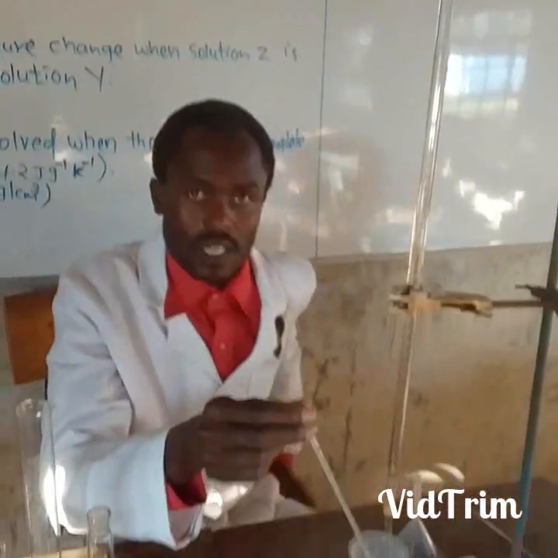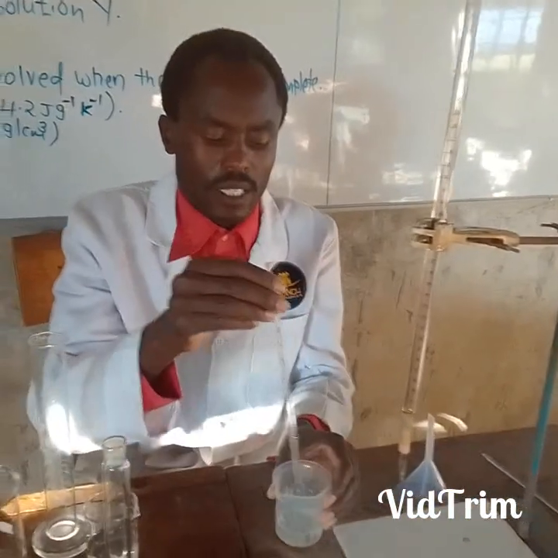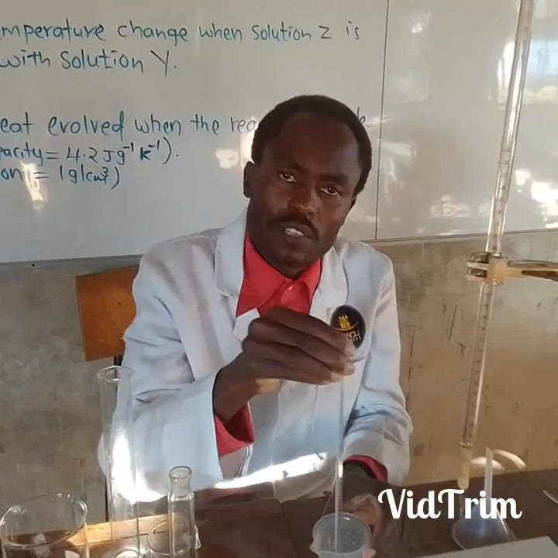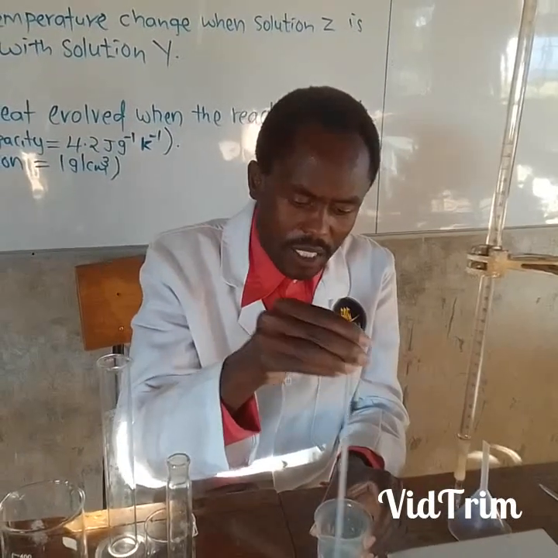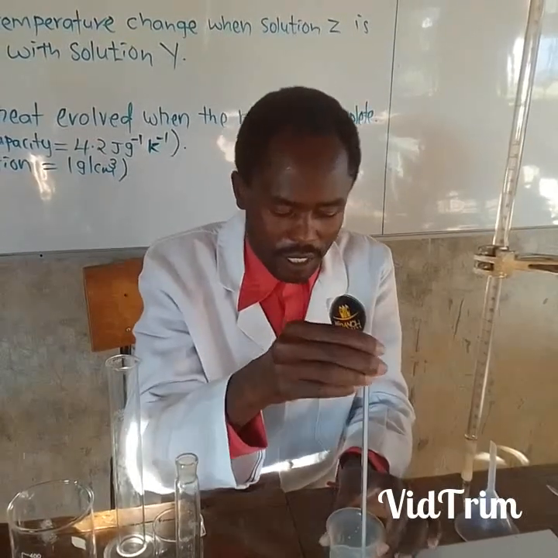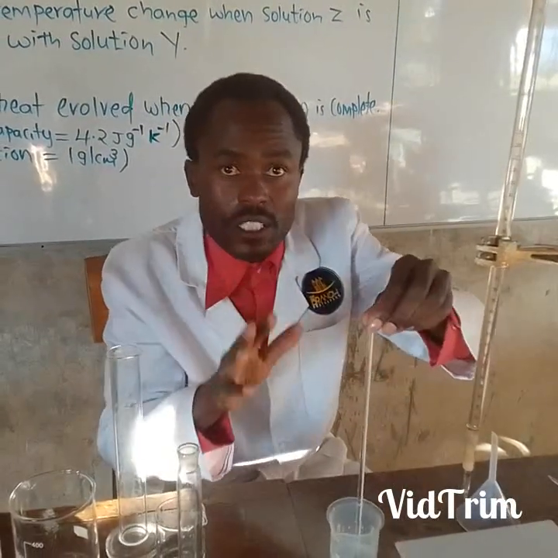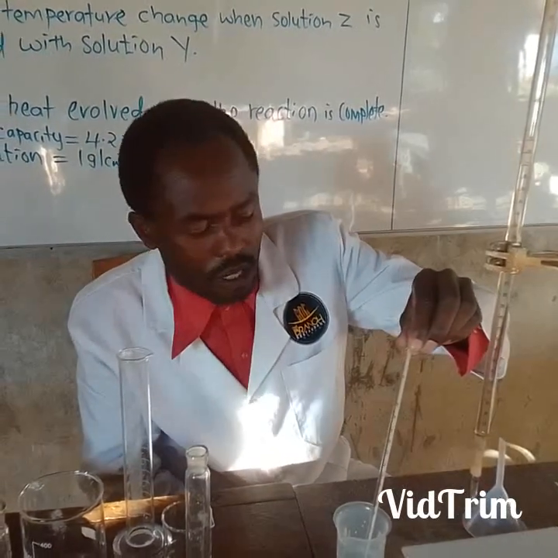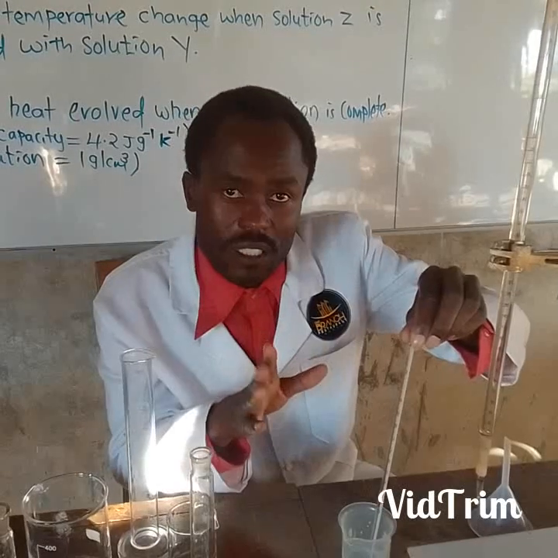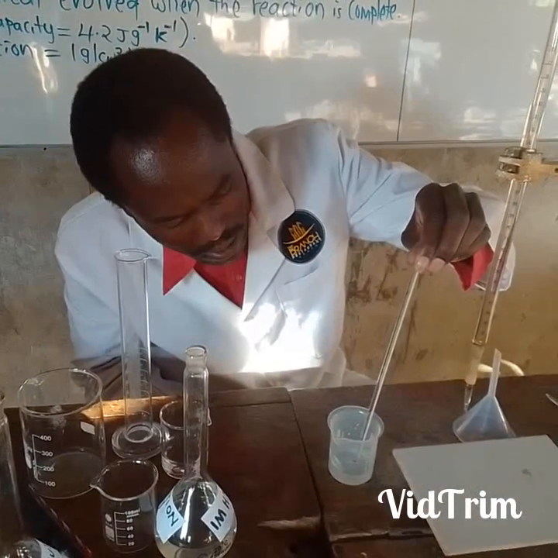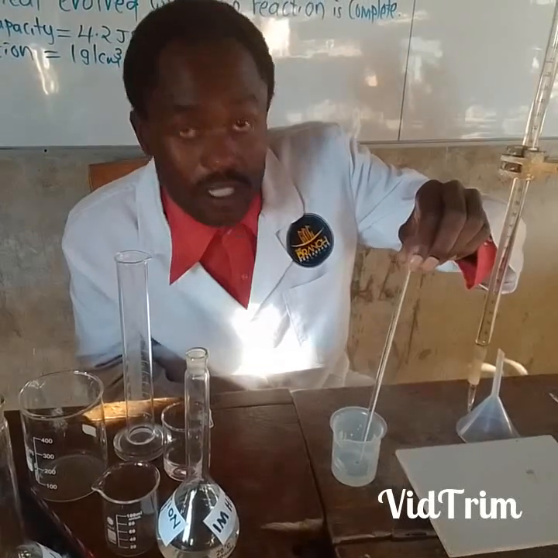Then just focus slowly. Then I have to start stirring using the thermometer and read the highest temperature reached. So you have to give it time. And this is now why I normally say that patience is very important until the highest temperature is reached.